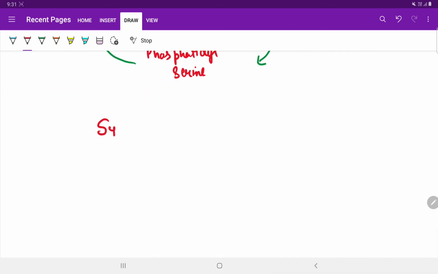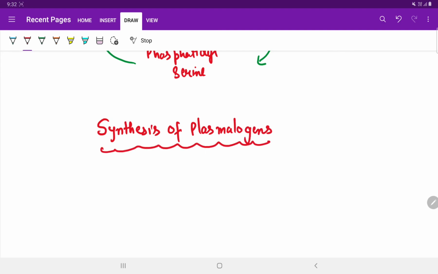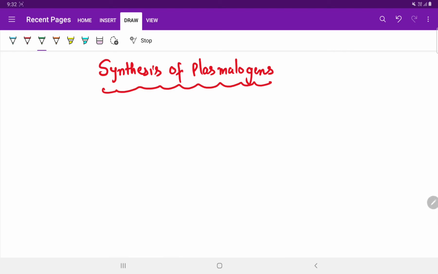So now we are covering the synthesis of plasmalogens under the heading of synthesis of phospholipids. So this is a type of phospholipids, don't get confused.